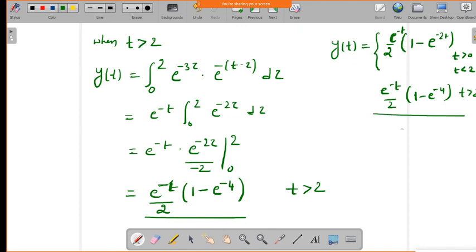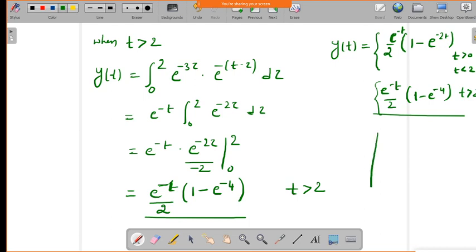It is 0 otherwise. So whenever t is greater than 2, this expression is valid. You can plot y of t for t greater than 0.